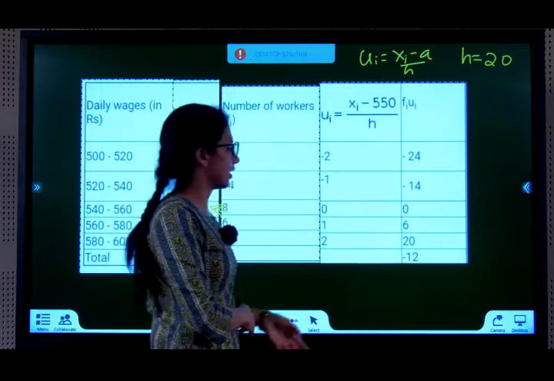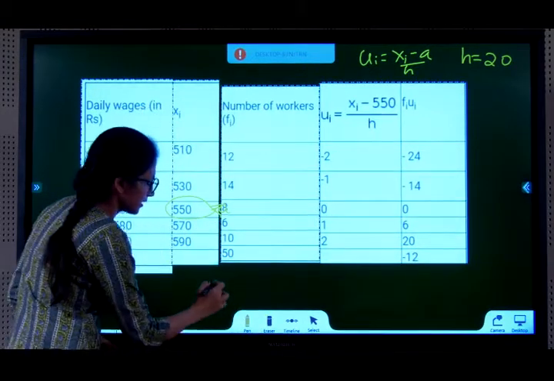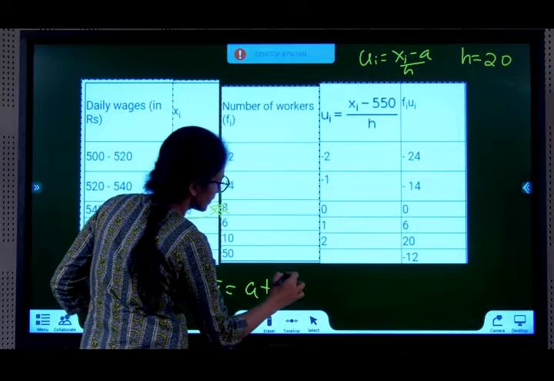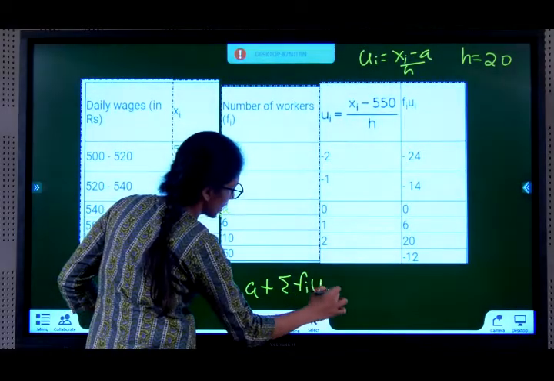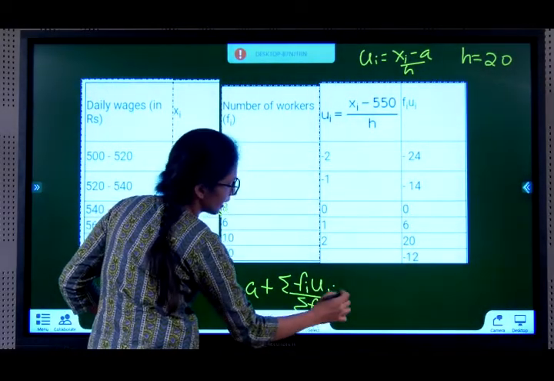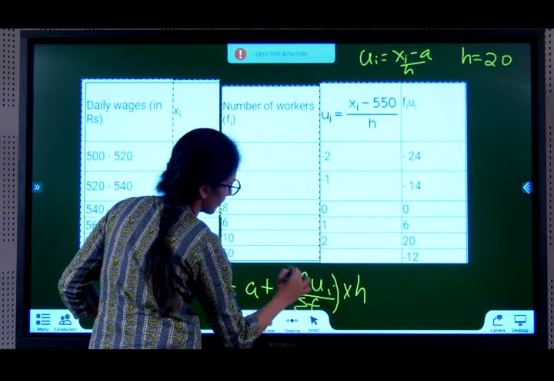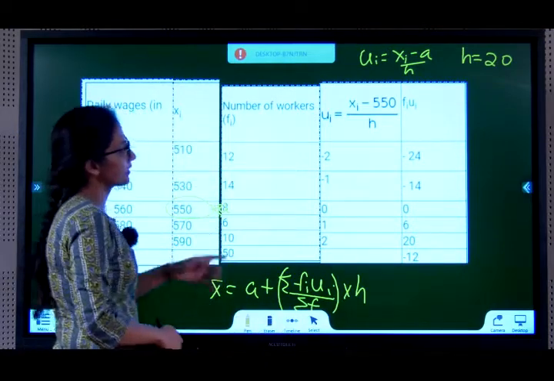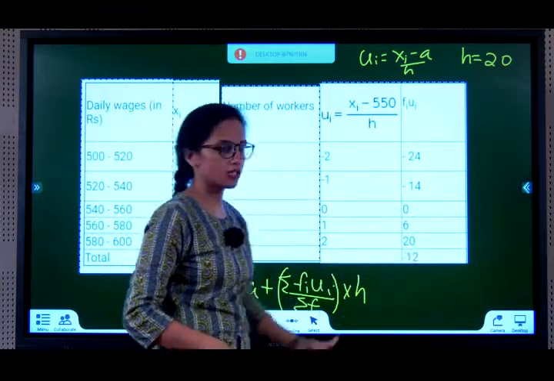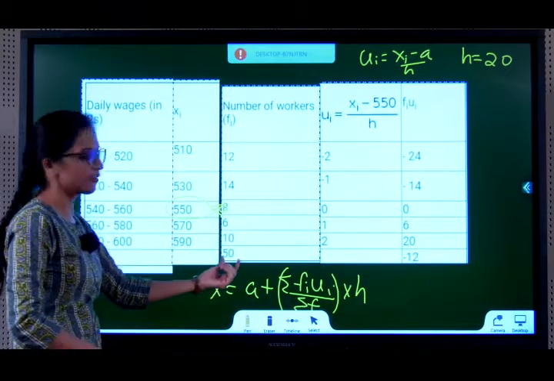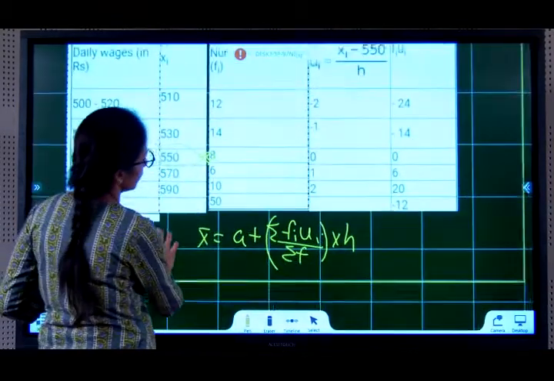Now the formula of the mean, x bar is given as A plus summation fi ui divided by summation f, into h. So I need summation fi ui, we found out minus 12. I need summation fi, 50. Now we substitute this.